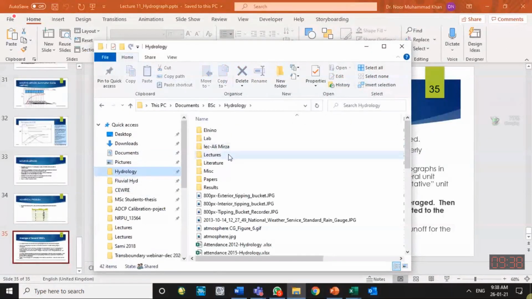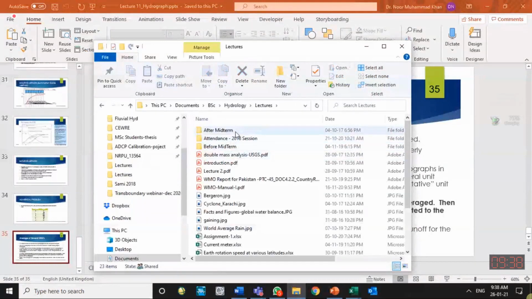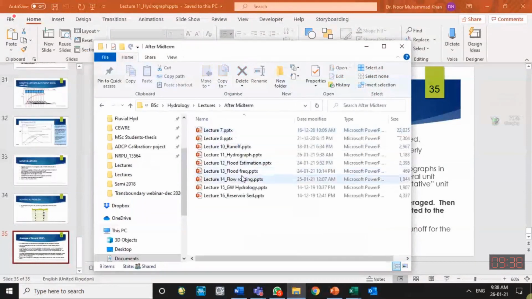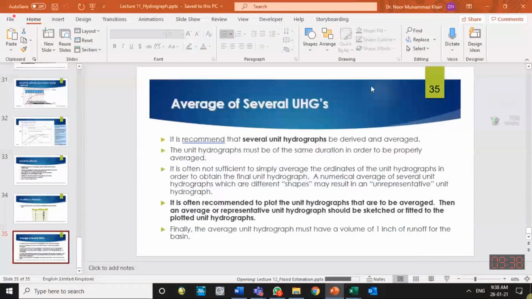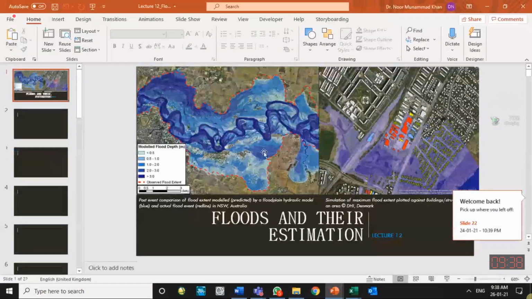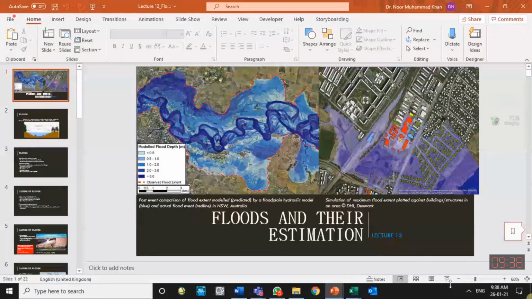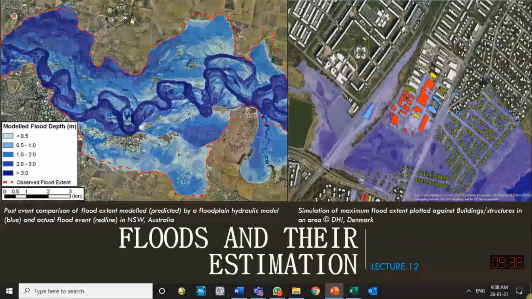Hydrology lectures after midterm: flood estimation. Flood studies are important in our practical life. Most people are interested.